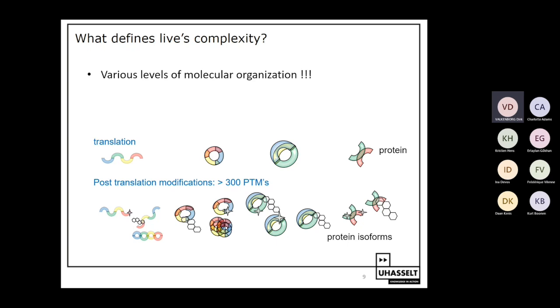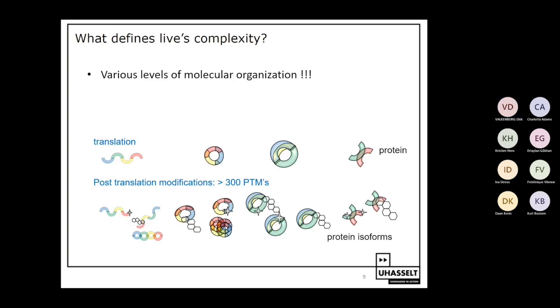So the backbone can be the same, the linear structure can be the same, but depending on the modifications, PTMs, the post-translational modifications, a protein can have a different function or a different localization in the cell. So all these PTMs will lead to protein isoforms, obviously, and we'll have more possibilities of proteins.